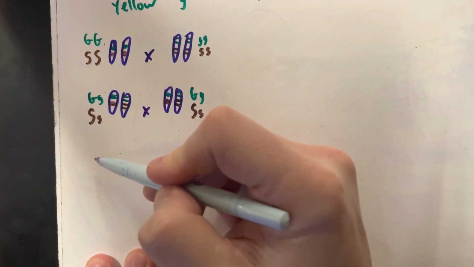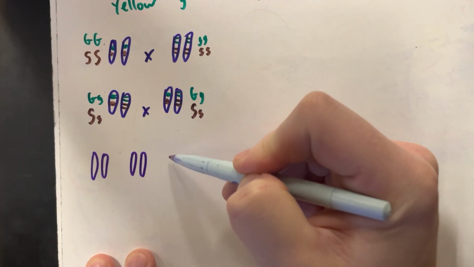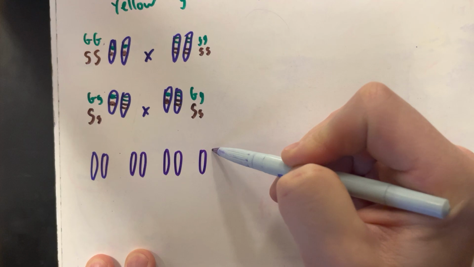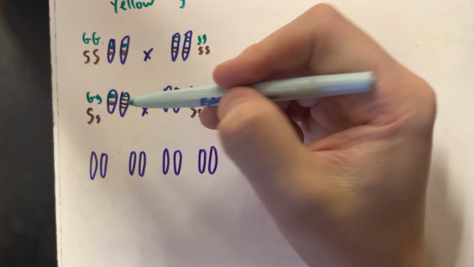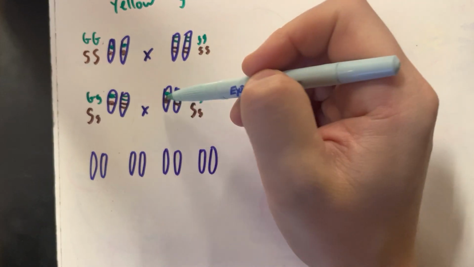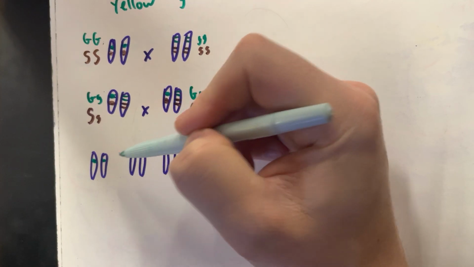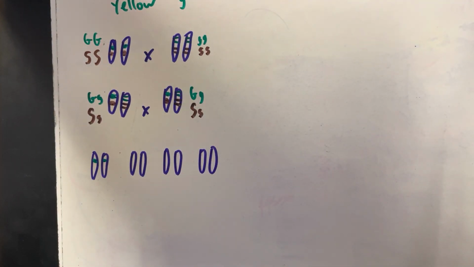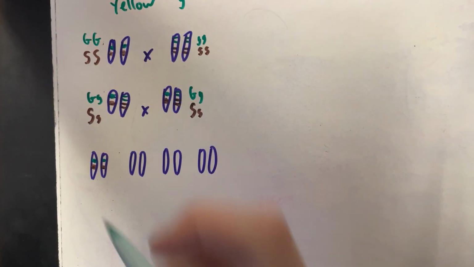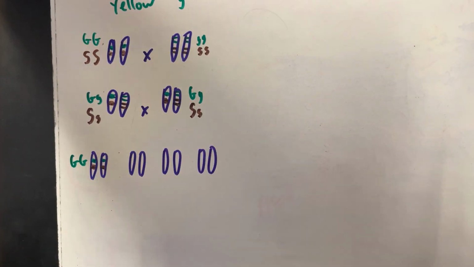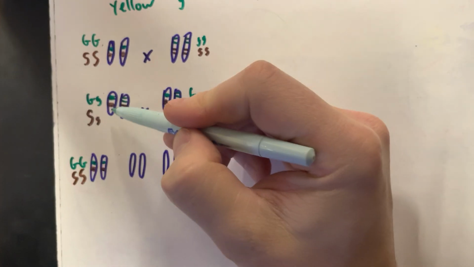Okay, here's our four options. You could get both of the solid colored in chromosomes, right? That's big G, big G, big S, big S. Or you could get one of each.